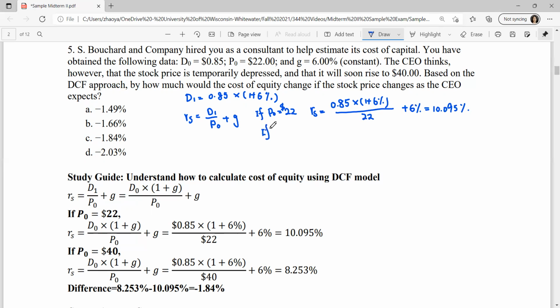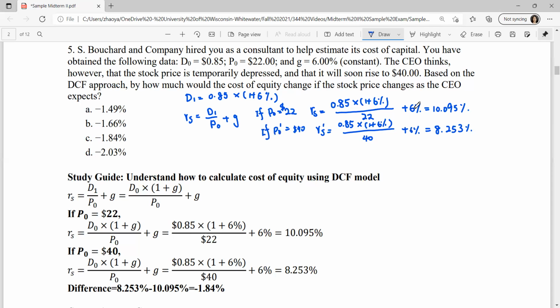If P0 prime, which is a hypothetical situation that the stock price bounces back, equals $40, RS prime equals 0.85 times 1 plus 6% divided by 40, plus 6%. This equals 8.253%.